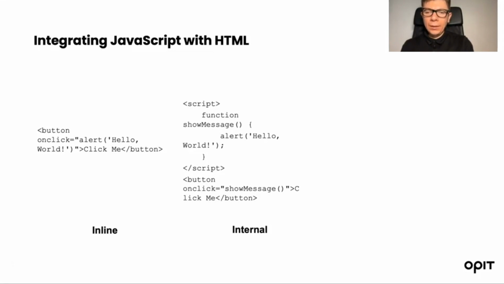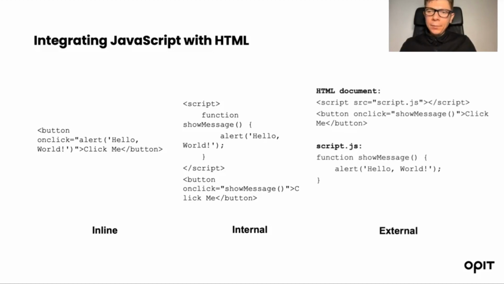So then the button will have an onClick attribute, which will be the event listener, which will react to the click of a button, and it will call the previously defined function showMessage. And then we have the third method, which consists of a part which is located within the HTML document, and it references the script.js file.